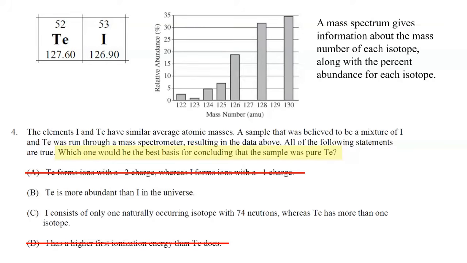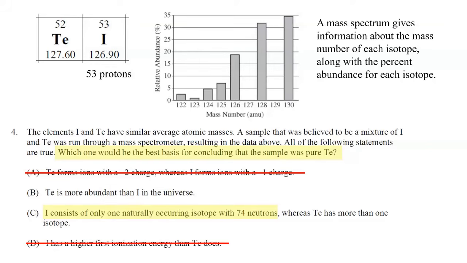Choice B talks about the relative abundance of tellurium and iodine in the universe. And choice C talks about the fact that iodine consists of only one naturally occurring isotope that has 74 neutrons. So on the periodic table, we see that iodine has an atomic number of 53. That means that there are 53 protons in the nucleus.